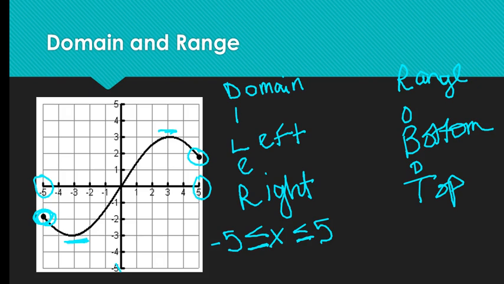And those points are included, so we know we're talking about range, we're talking about y. The lowest point on our graph is -3. And the highest point on our graph is +3. So our domain includes all values between -5 and 5, and our range includes all values between -3 and +3. Your range is your y values, your domain is your x values.